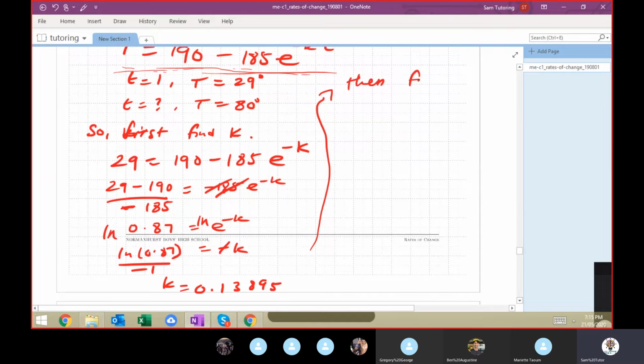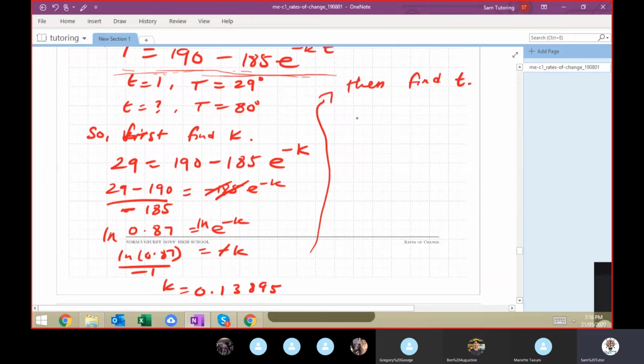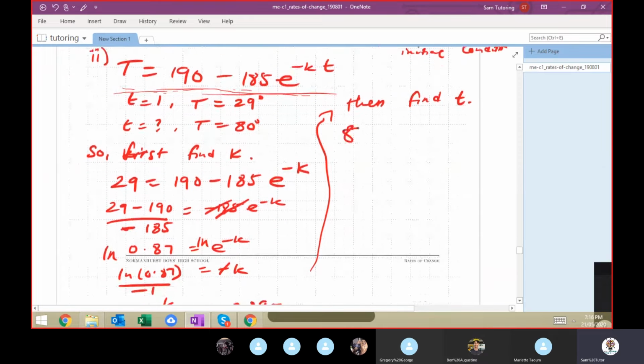Then find T. It's saying the perfect temperature for it is 80 degrees. So 80 equals 190 minus 185 e to the negative kt.